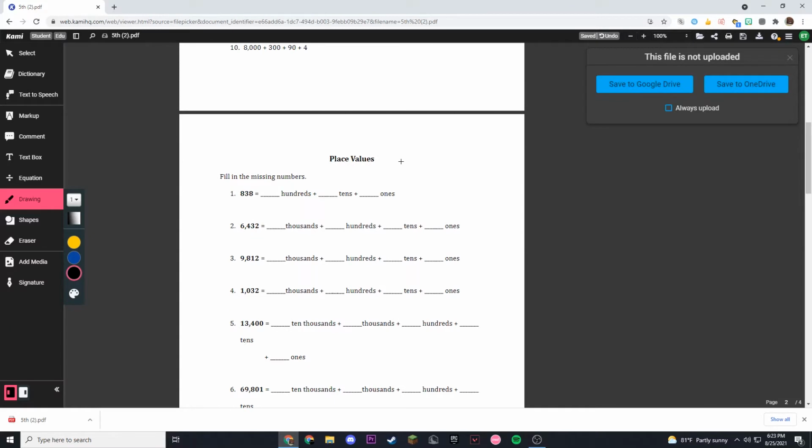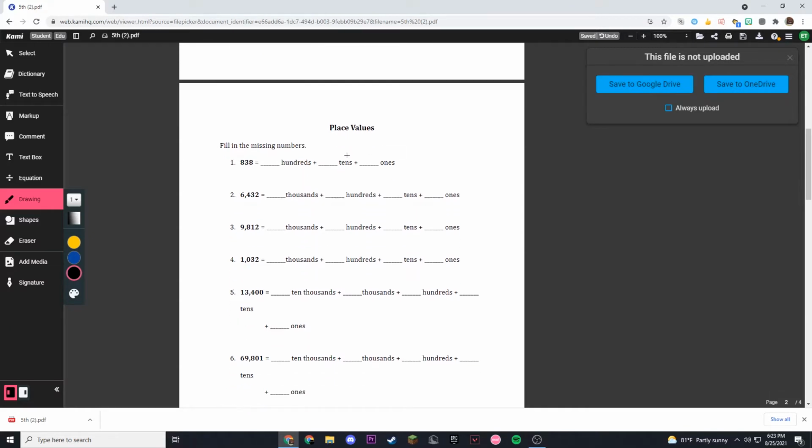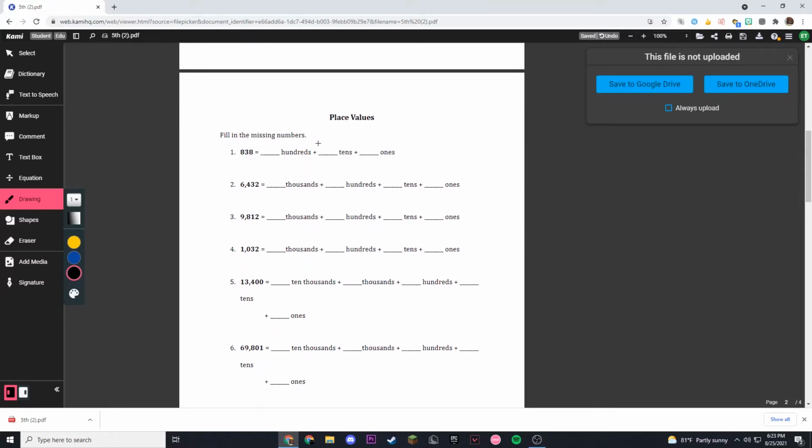Now for the next page, we have place values, and we need to fill in the missing numbers. For this, we just look at the place values of each one. So, for example, in number 2, we have the number 6,432.